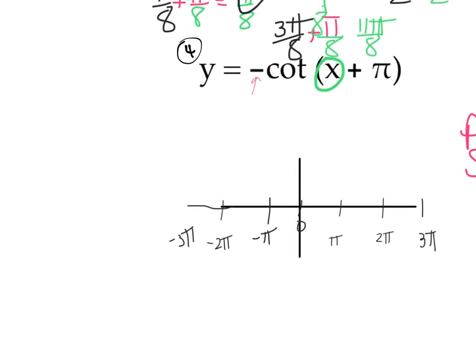So I'm going to draw my asymptotes. You will be asked to tell me what the asymptotes are. You'll have to tell me all 4 or 5, however many you do. And then I need to see the graph. This is a cotangent. How does cotangent generally go? Increasing or decreasing? Decreasing.